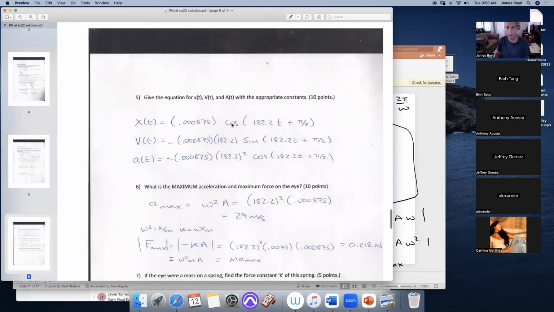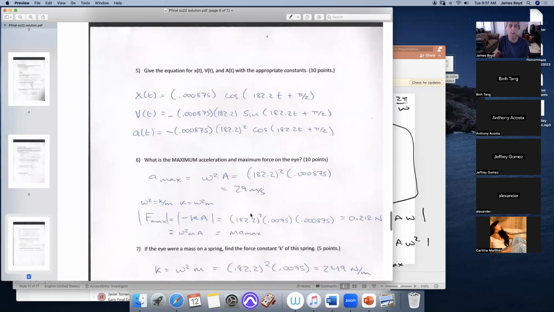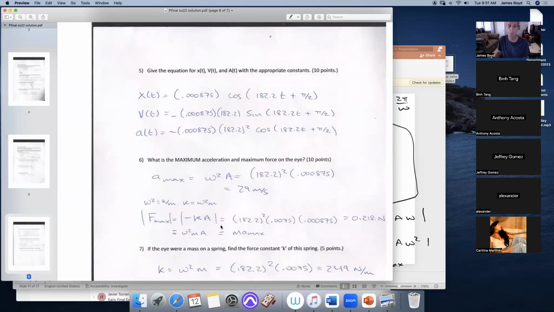So this is A cosine omega t plus phi, negative A omega sine omega t plus phi, negative A omega squared cosine omega t plus phi. Now maximum is this part, the non-cosine part of the acceleration. So the maximum acceleration is omega squared times A, or 29 meters per second squared. This should be squared.